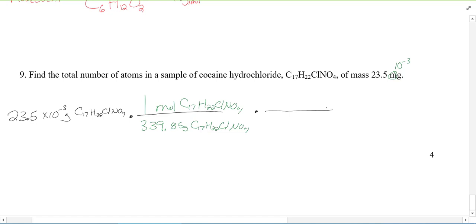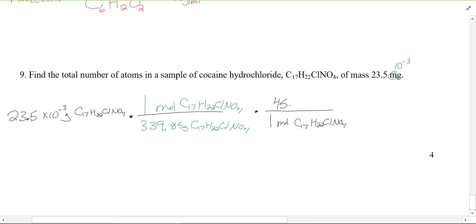Now, how many atoms? 17 and 22 plus 1 plus 1 plus 4. So 17 and 22 would be 39, 40, 41, 45. So 1 mole of C17H22ClNO4 happens to be 45. Well, technically, let's not do it this way.